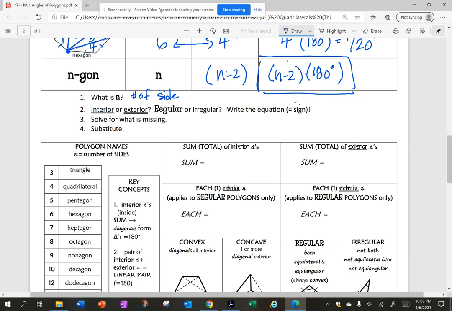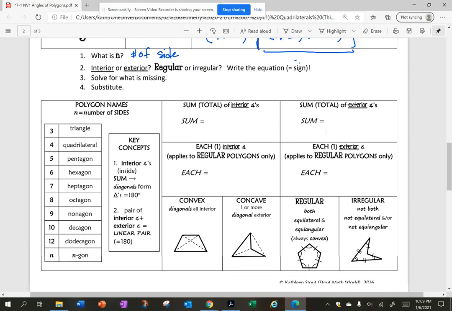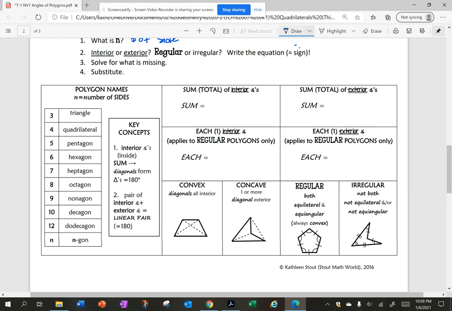Make sure you're using an equal sign. I'm going to solve for what is missing, and then I'm going to substitute. Okay, so we reviewed already names of polygons. So again, n is the number of sides. These are the names of my polygons.